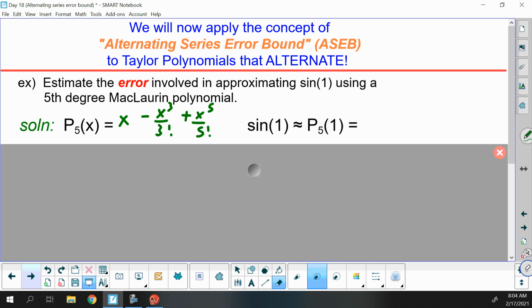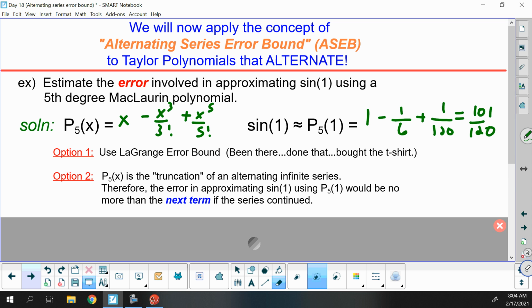So we want to sub in 1 now, so we're going to have 1 minus 1 over 3 factorial, which is 6, plus 1 to the 5th is 1, over 5 factorial, which is 120. So if we add those all up, that is our 5th degree Taylor polynomial approximation, actually Maclaurin because it's centered at 0, for sine of 1.